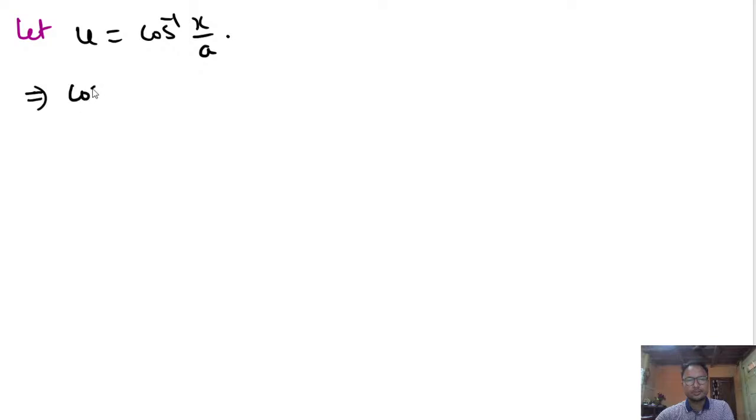Next, let u equal cos inverse x by a, so cos u equals x by a. Now differentiate with respect to x.